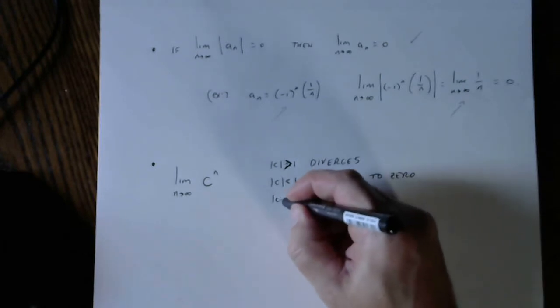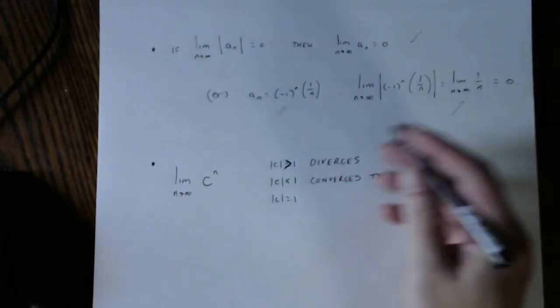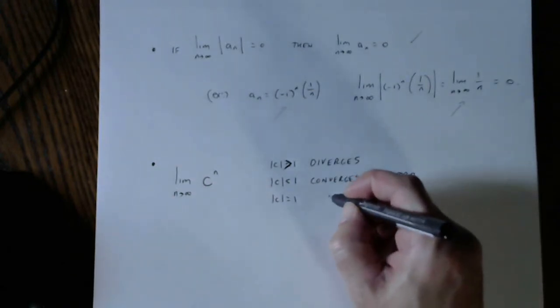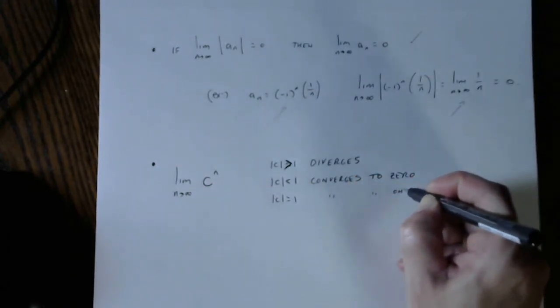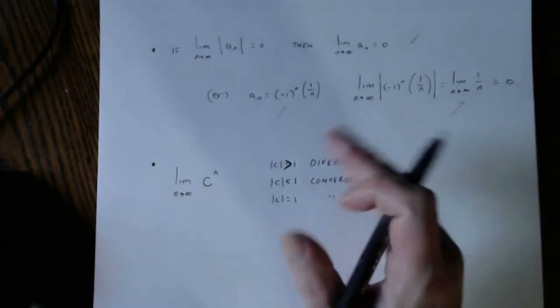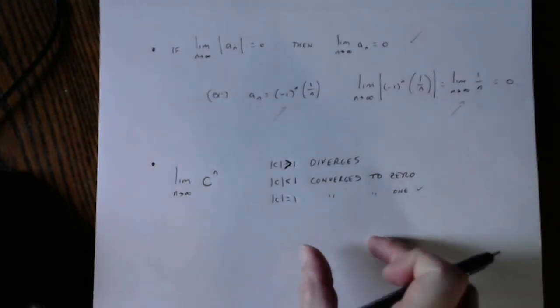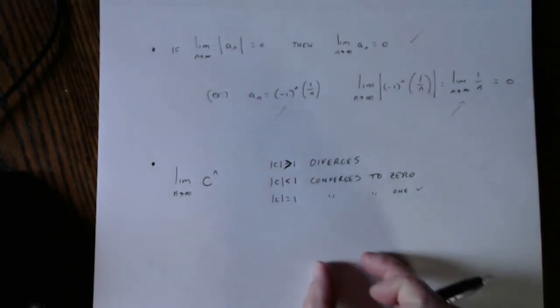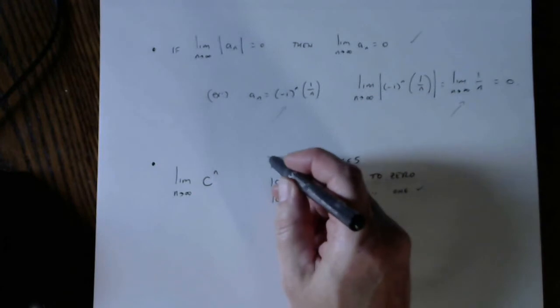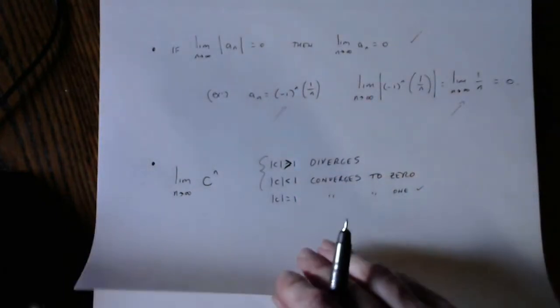If C is 1, it'll stay at 1, but that's never going to come up. So if you're greater than 1, your powers will diverge. They'll go to infinity. If it's between -1 and 1, they'll just get smaller and smaller and go to 0. Okay, so that's very useful, and it's probably pretty clear. I maybe didn't even need to tell you that, but it's going to come up.